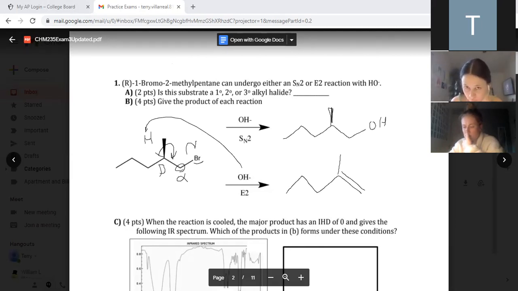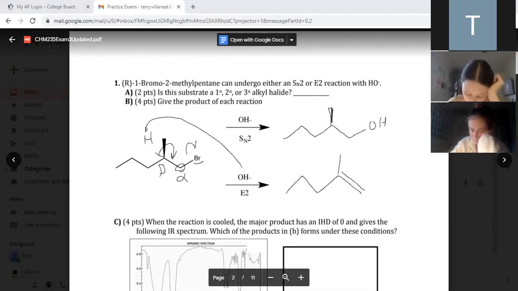Which one did you make a mistake on? The second one. I had the same thing, just a double bond. I just didn't realize that the bromine leaves, so I would lose that bond. But I still put it, and I put the wedge on top instead of the straight line.